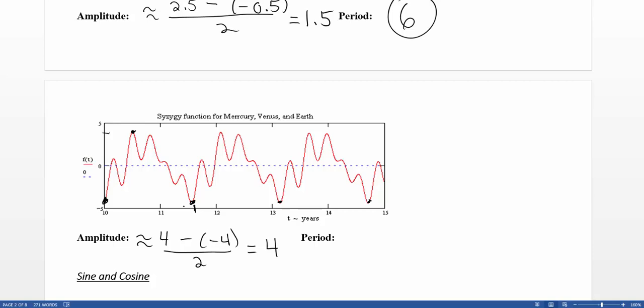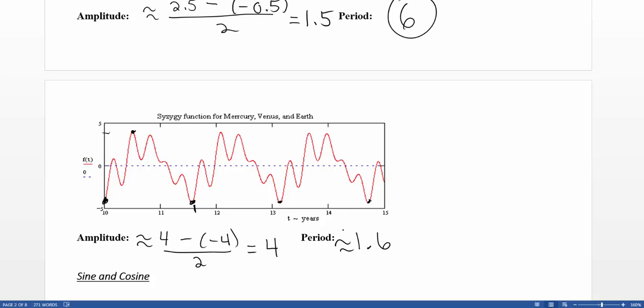But remember, I'm starting at 10. So from 10 to 11.6 means that I'm going to have a period of 1.6 units. So again, this is an approximation. You may have come up with 1.7, 1.65. That's all okay as long as you're in the ballpark of what I estimated as well.